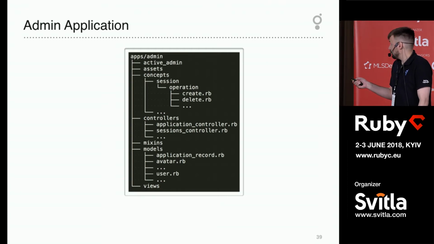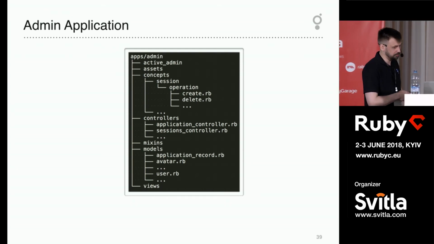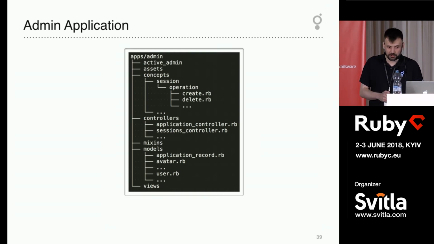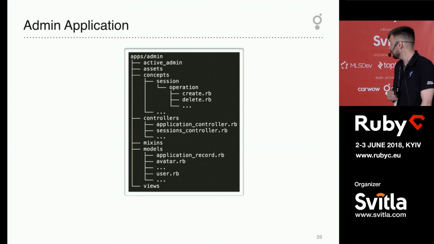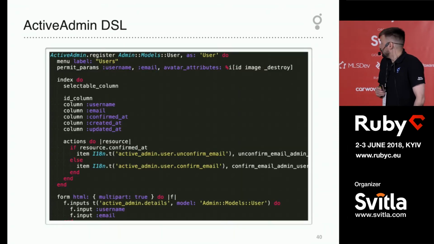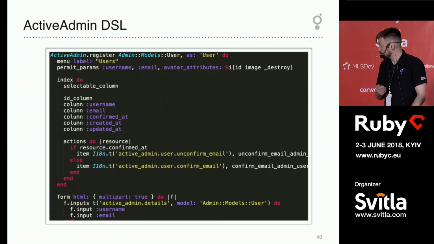But anyway, we will continue to use our operations approach. We will also let our admin panel use our domain logic in our application. So we still have access to the ActiveAdmin DSL.